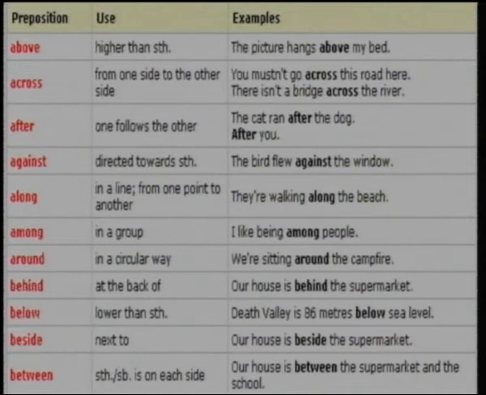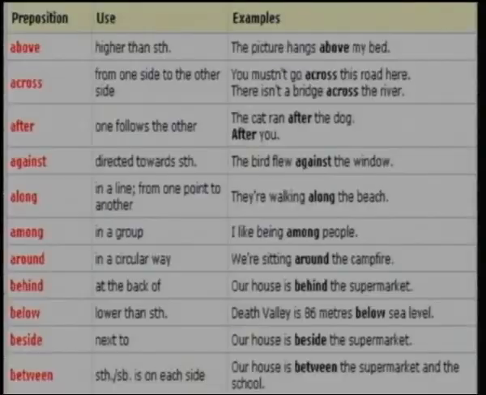Behind, yani at the back of, our house is behind the supermarket. Behind the supermarket. Below, yani lower than something. This valley is 86 meters below the sea level. Okay? Jericho is below the sea level.